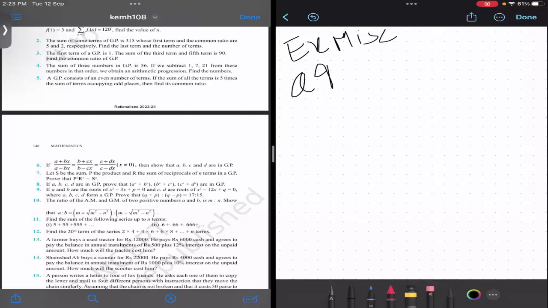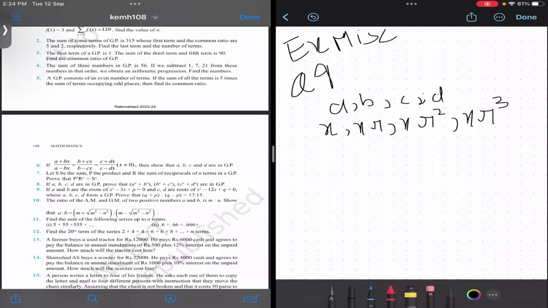First of all, we have been told that a, b, c, and d are in a GP, right? So can we assume a, b, c, d to be x, xr, xr², and xr³? Can I assume that? How can I assume that? Because we have been already told that these terms are in a GP.